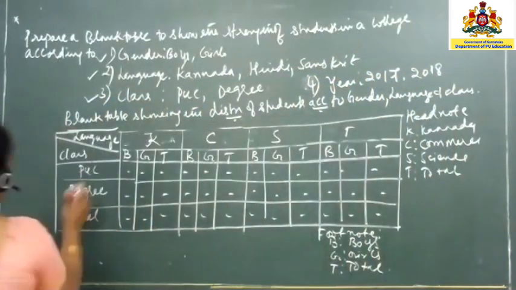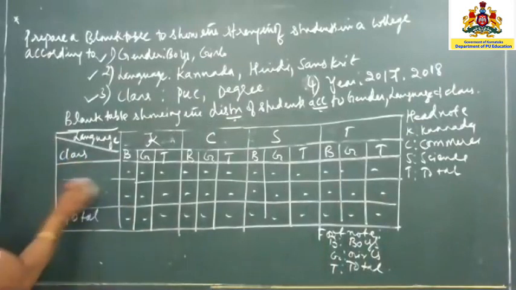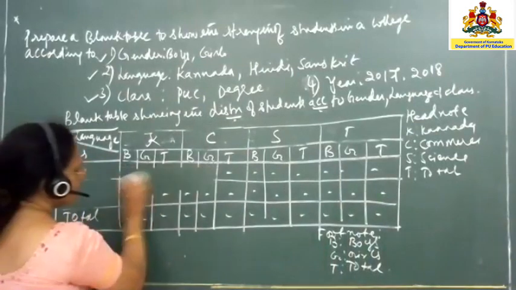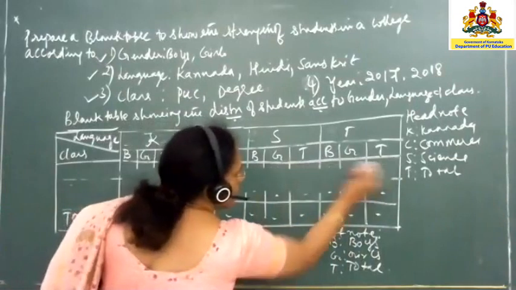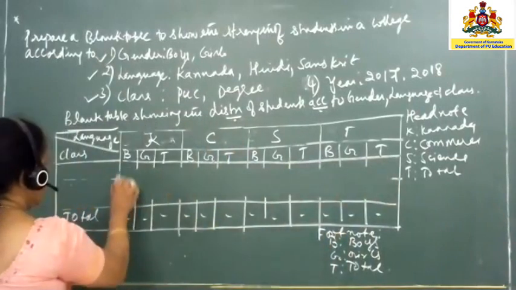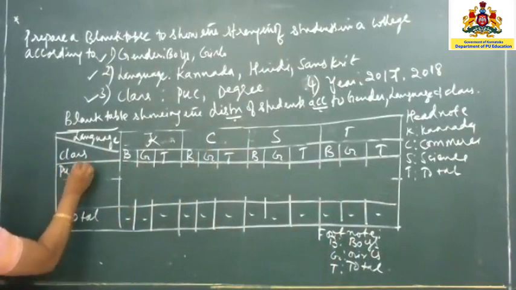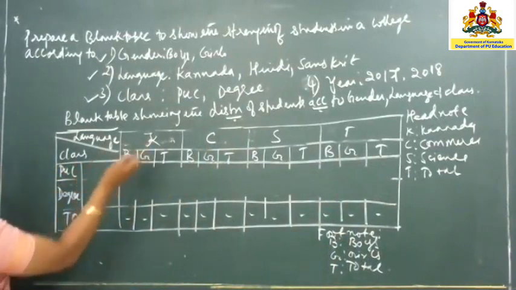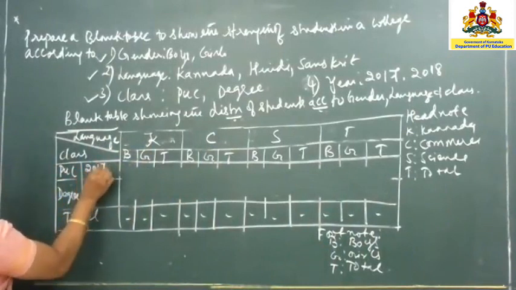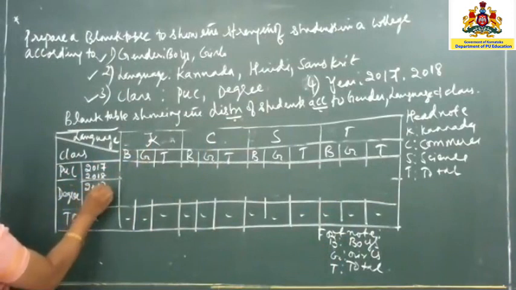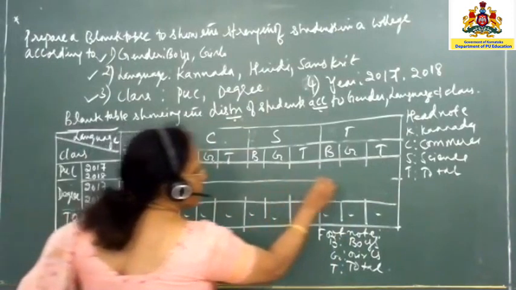Now all I have to do is just add 3 more. See? So here I will be writing this is PUC. Then you have degree. Now again you will have 2 years. One is 2017, another one is 2018. Now again you have 2017, 2018. That means another 2 more.